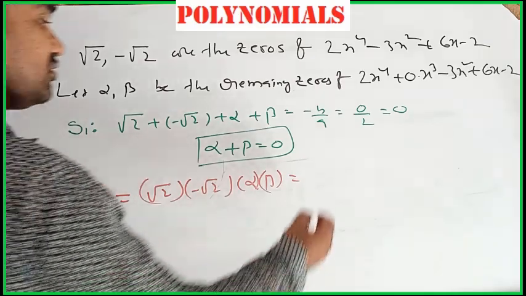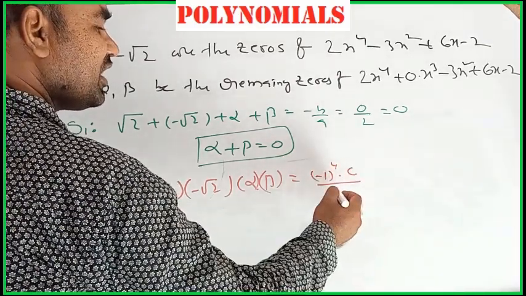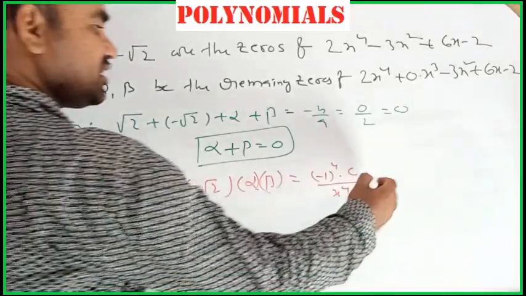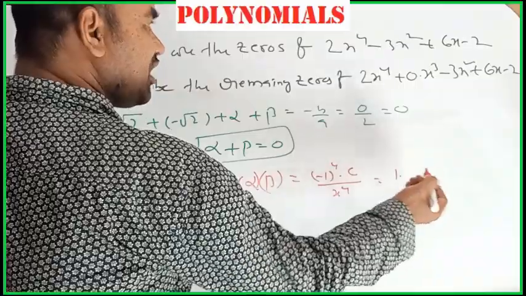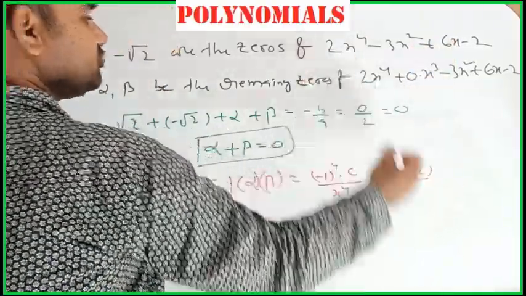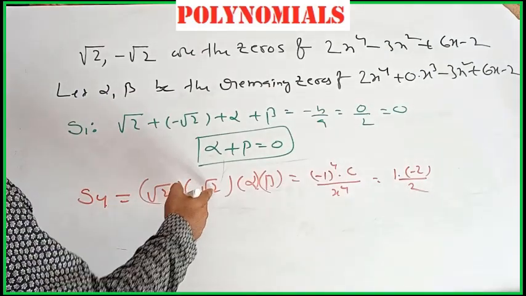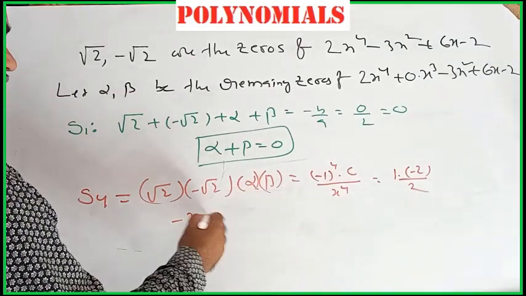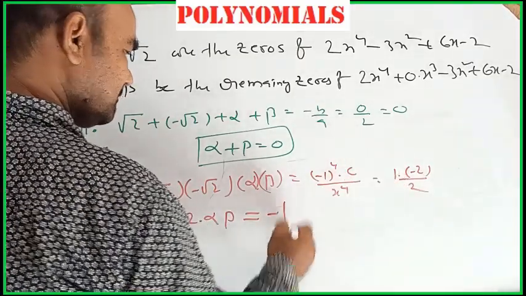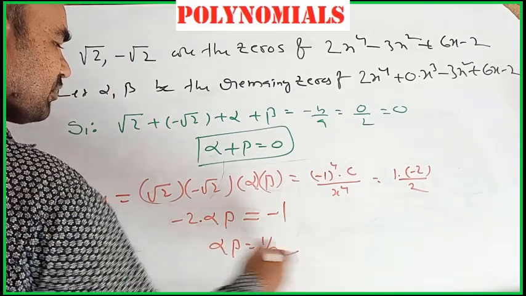This equals minus 1 power 4 into the constant term divided by the x^4 coefficient. So that is minus 1 power 4, which is 1 only, constant term minus 2 by x^4 coefficient 2. Here minus root 2 into minus root 2 is minus 2, into alpha beta, is equal to minus 1. Minus gets cancelled, alpha into beta equals 1 by 2.